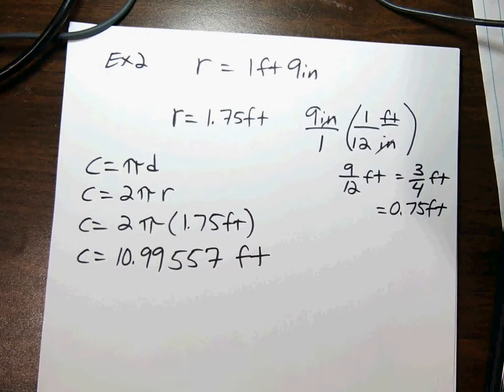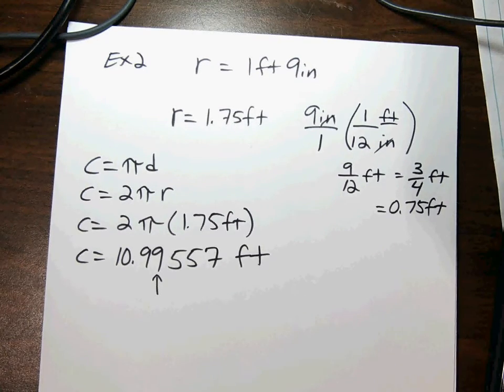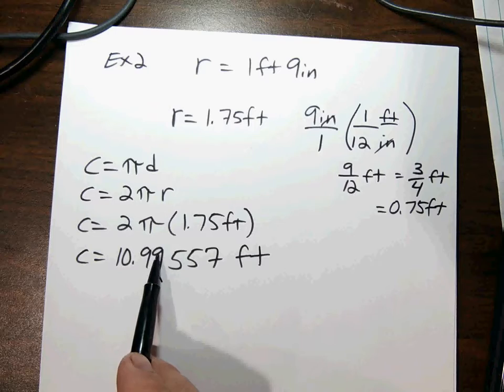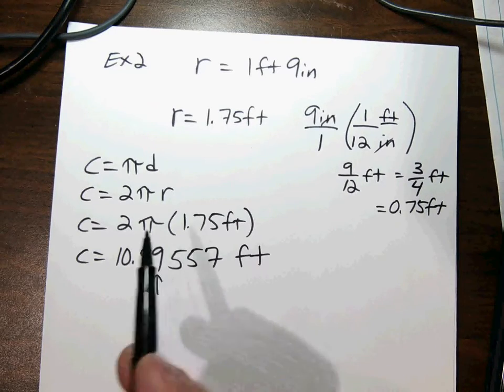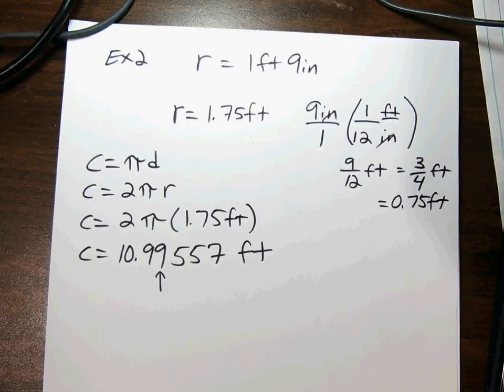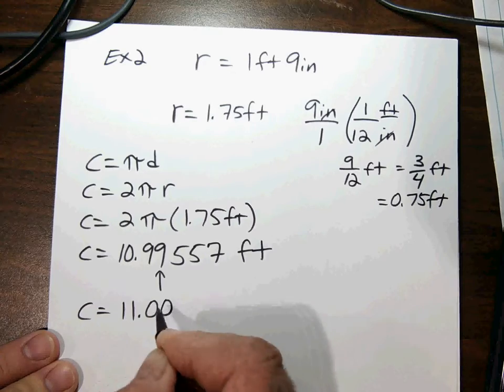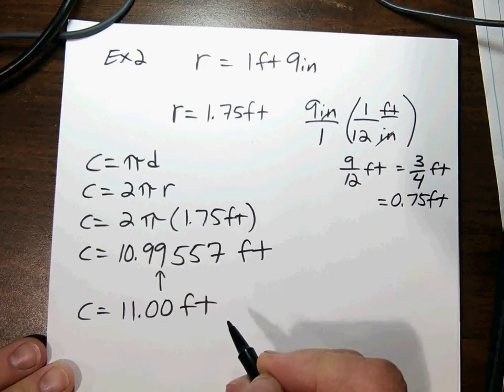Okay, but we were told to round again on this one now. Round to the nearest hundredth. So we're going to round to that spot right there. And you can see the 5 here is going to kick this up from 9 to 10, which kicks this one up from 9 to 10, which is going to kick that one up to an 11, right? So it's actually going to be 11.00 feet rounded off.